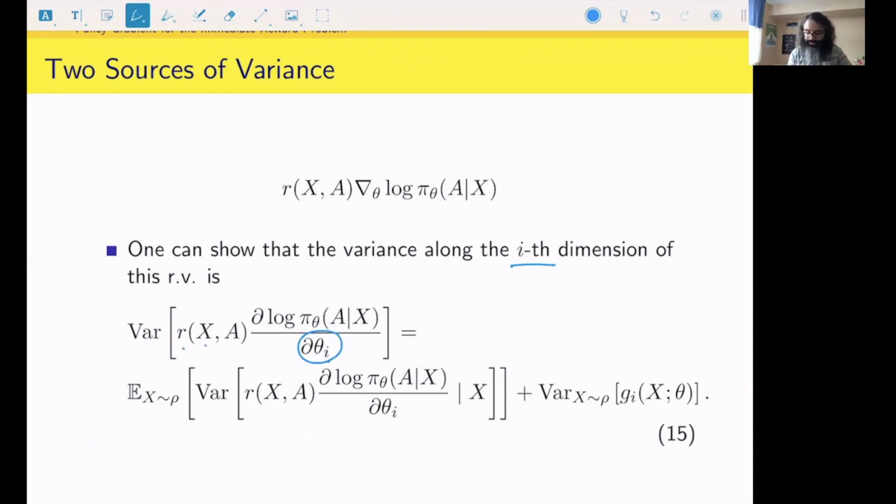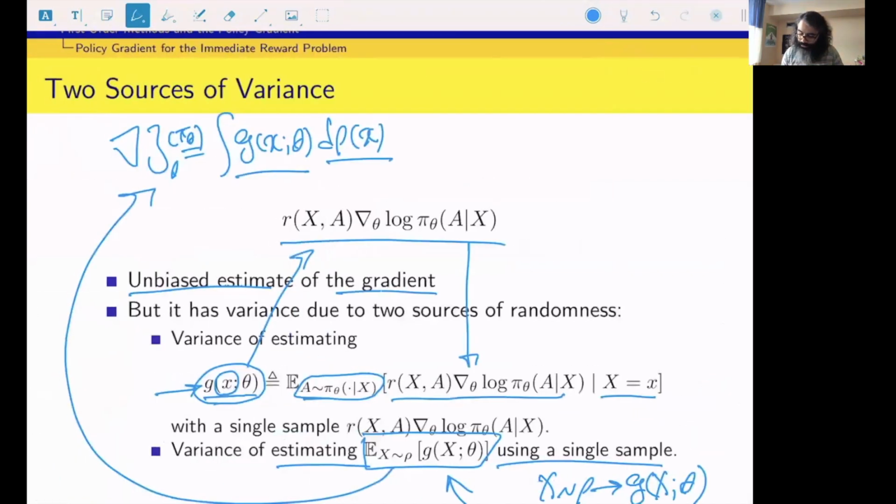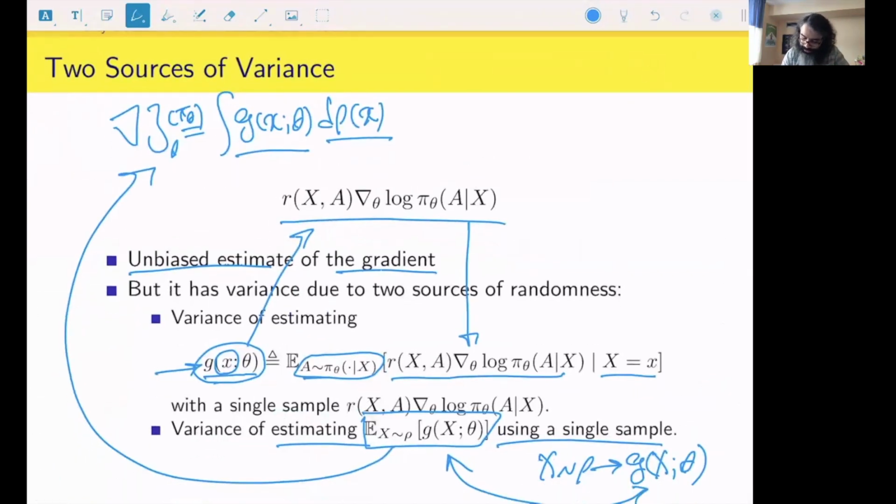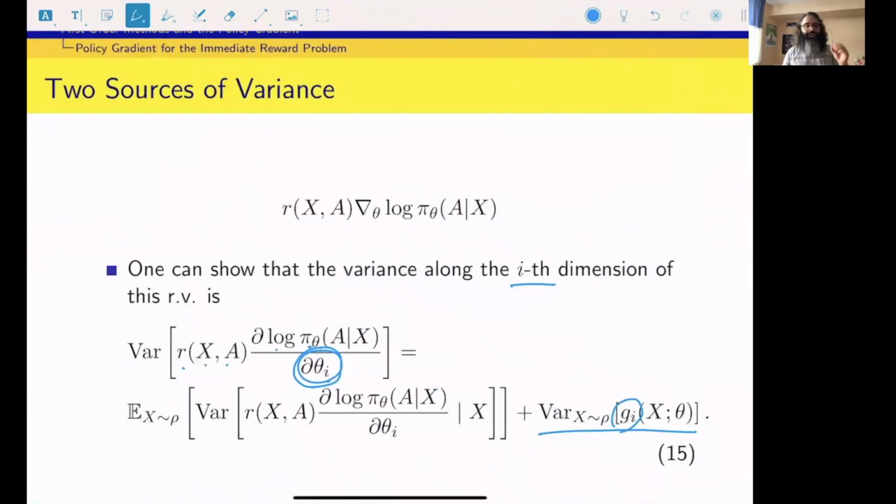So the variance of r of x and a times the partial derivative of log pi theta with respect to theta_i can be written in terms of the variance of g_i of x and theta, where g_i means the pointwise gradient, the ith component of it. Remember, or maybe I haven't explicitly mentioned, g of x and theta is essentially a p-dimensional vector, because it is the gradient with respect to p parameters. If we only look at the ith component, that would be g_i.